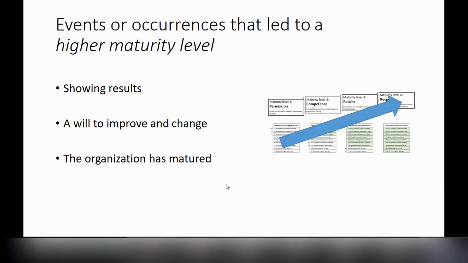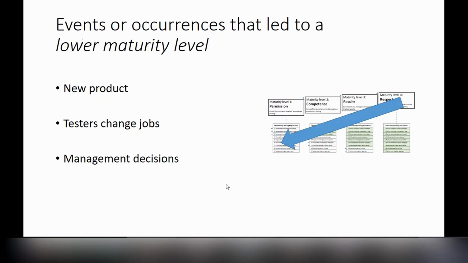You also need a will to improve and change, and someone even called for some kind of crisis in order to introduce this new way to test. And finally, sometimes it just takes time, that the organization must mature and realize that this is something good. So those are 3 things that we found that could lead to a higher maturity level.